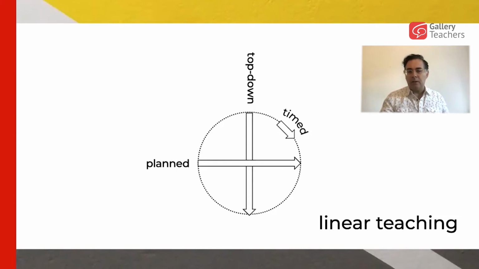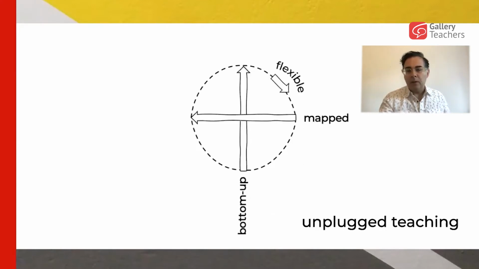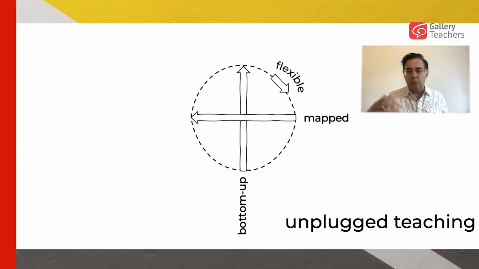Unplugged teaching reverses the top-down and the planned elements. If we're listening to what our learners want to say and how they're saying it, if we're allowing into the classroom themes that interest them, things that are on their mind that day, and if we're then following those themes and interests from day to day, which can take the form of a kind of parallel syllabus, a self-generating syllabus that runs alongside the linear one, then by definition, a lot of that content is bottom-up.